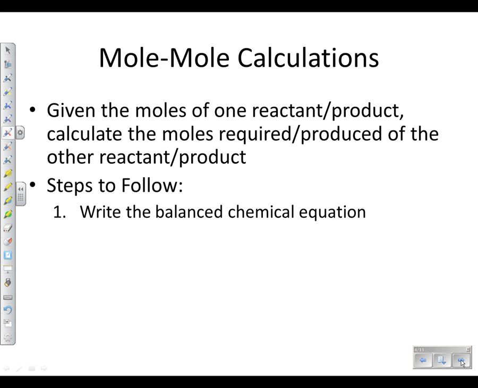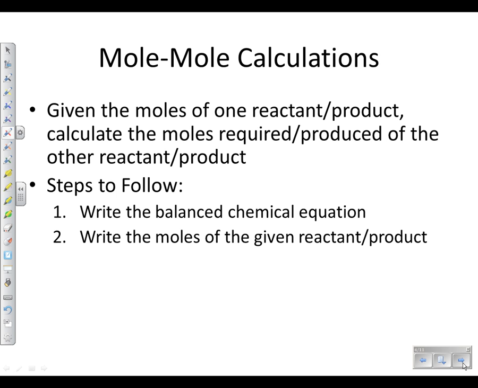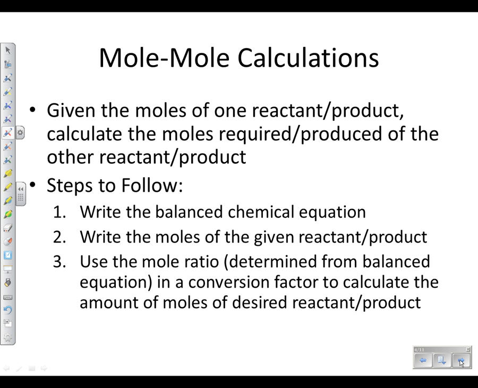The same principles will apply. We just have to make sure we fill in the right numbers. And we'll talk about those in a second. We start off with the moles of whatever they gave to us. And then we set up conversion factors to get the moles of whatever we're looking for.